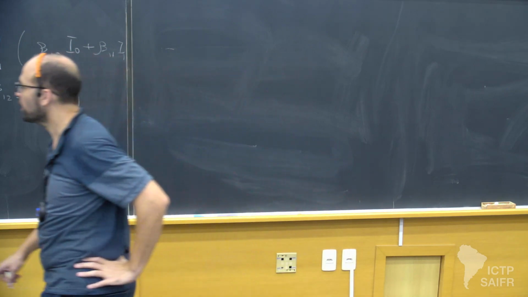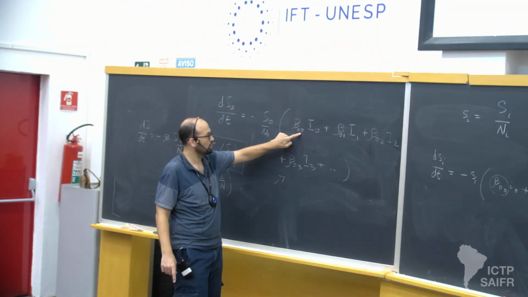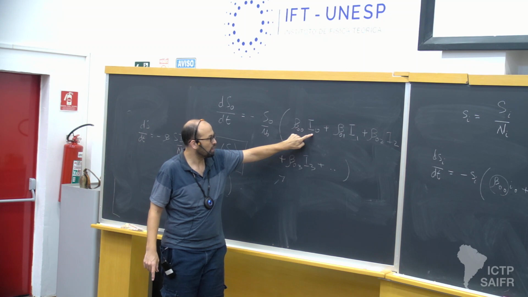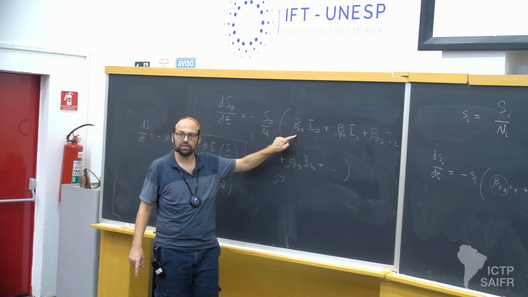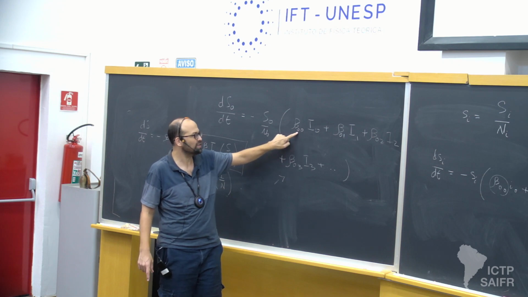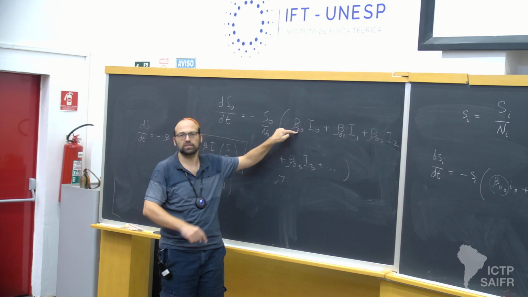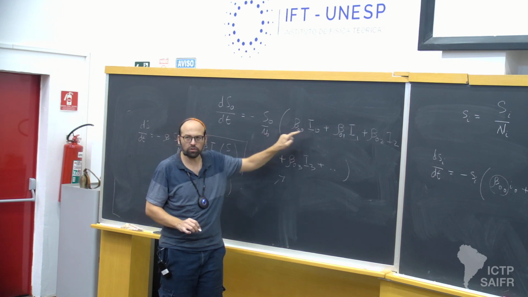Yeah, exactly. Here, beta 00 means that children contact other children with this rate. This beta 00 is the contact rate of children with children.